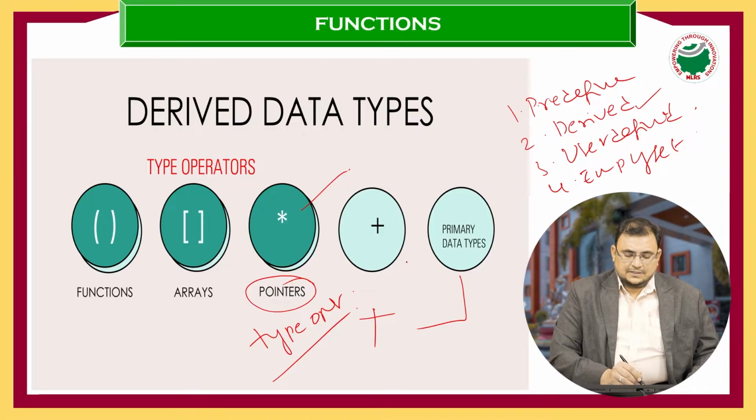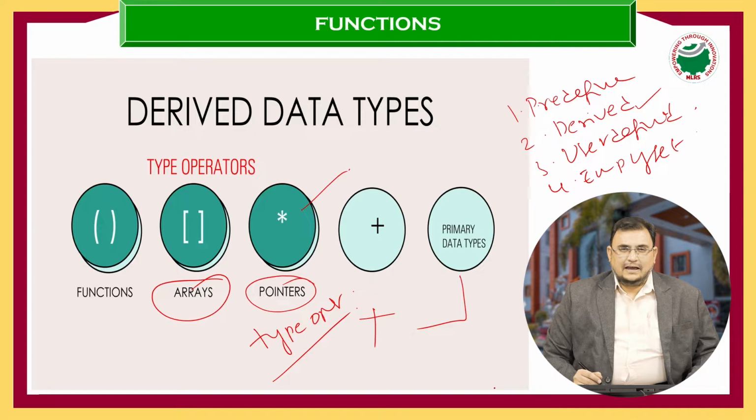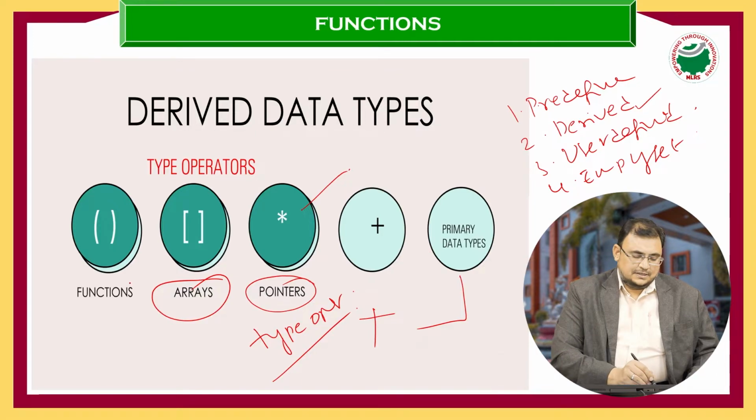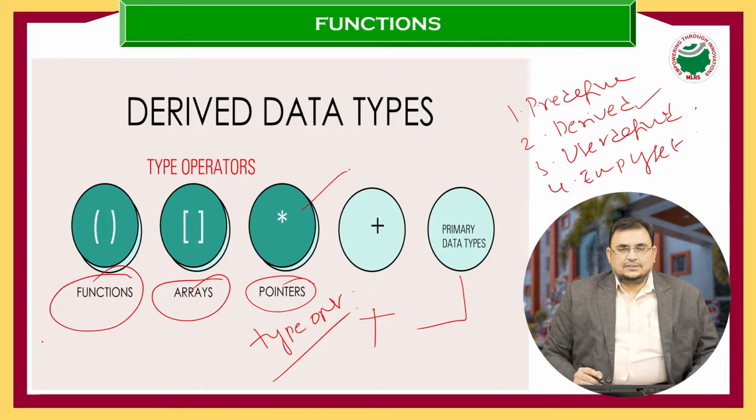Primary data types plus the type operator subscripts give a new type called arrays. Primary data types plus the type operator parenthesis give a new type called functions. So a function is a derived data type, and the type operator for a function is parenthesis.